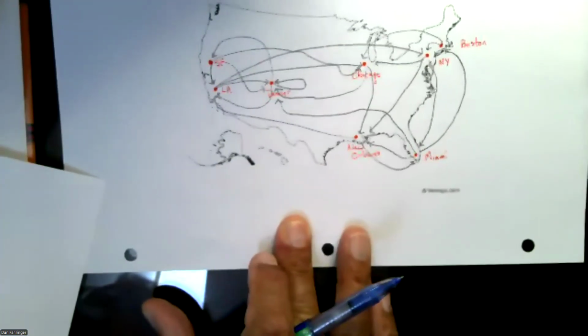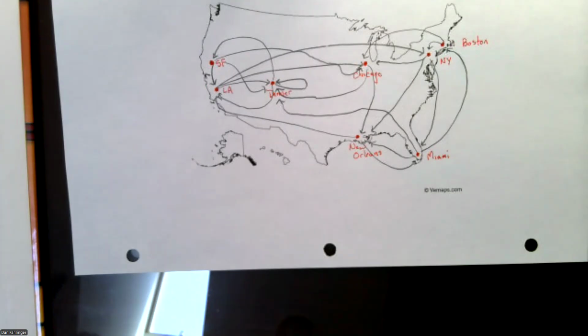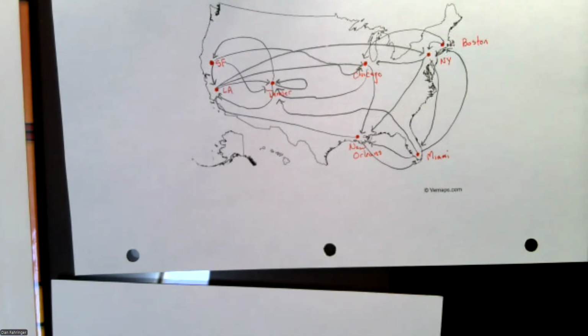I cheated. If it was all said and done, it might look something like that. Well, that whole idea of Texas is huge. That's what it would kind of look like.